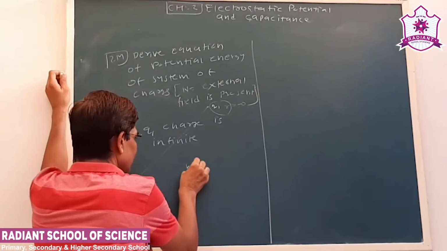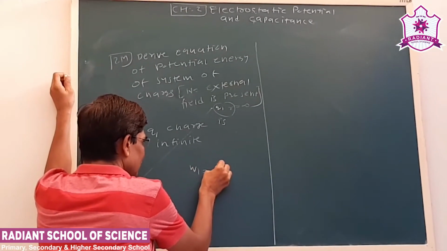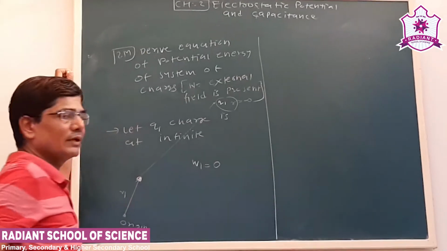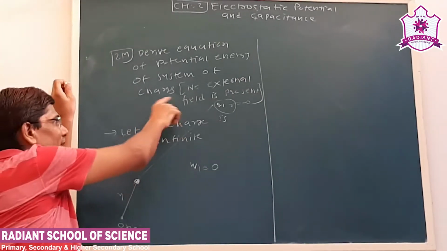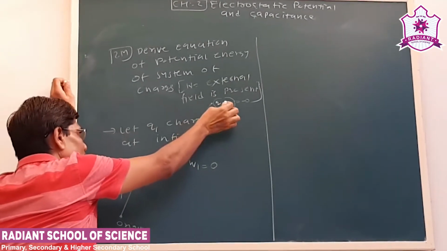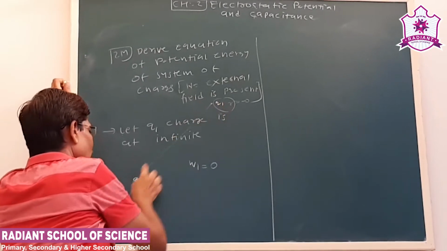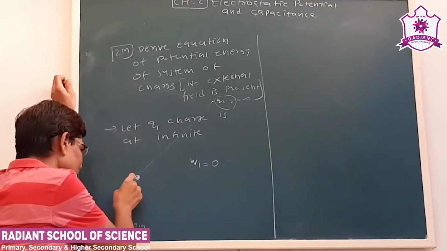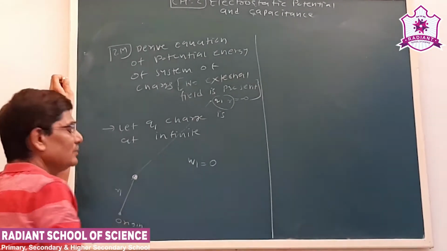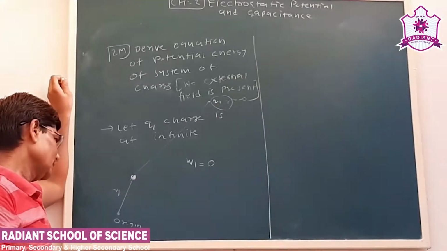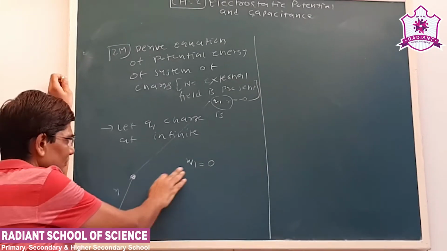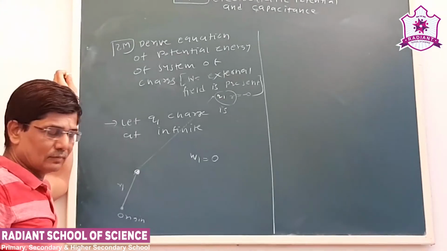So the work done to bring this Q1 charge from infinite distance to the given point in the space is 0.